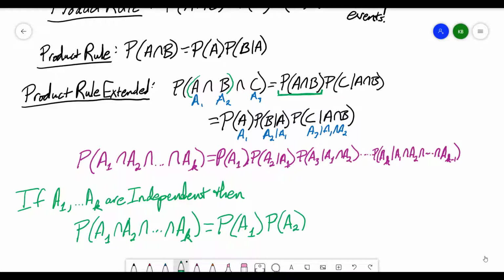And the probability of A3 given A1 and A2 when all three are independent is the probability of A3. And so on until I get to the probability of AK.